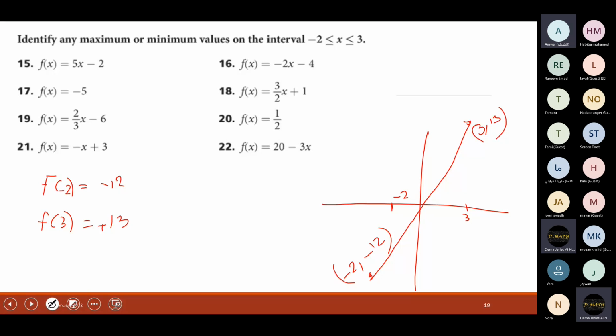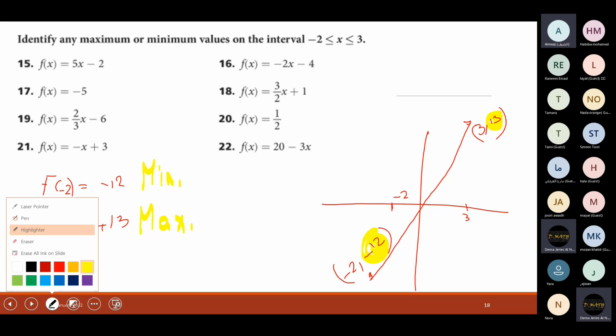Where is the highest value of y? At which point? At (3, 13). So 13 is the highest value, which is the maximum. And -12 is the lowest value, which is the minimum. Is it clear? Yes.